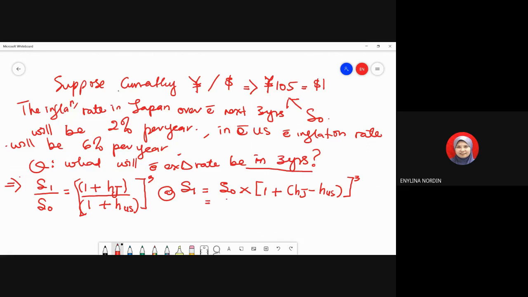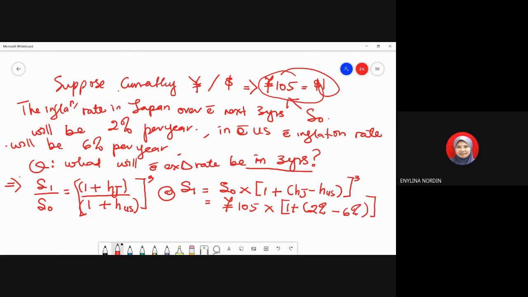So if you are using this one, straight away you can determine S0. Like I said just now, this is the current exchange rate, which is yen 105, and then you multiply by, just follow the formula, 1 plus inflation rate in Japan, which is 2%, or maybe you can put 0.02, it's up to you. I put here 2% minus 6%, and then 2 minus 6 will be negative 4, so don't forget.